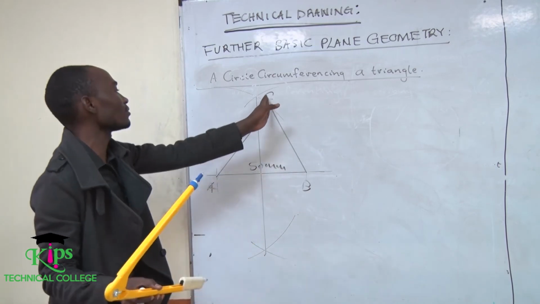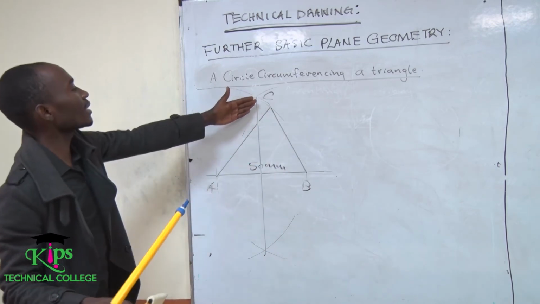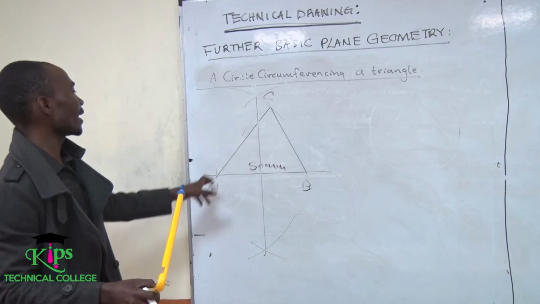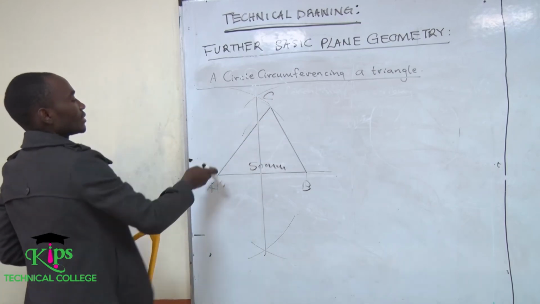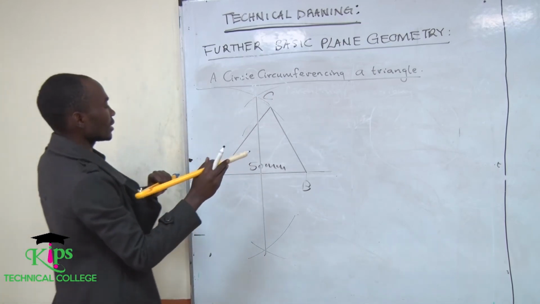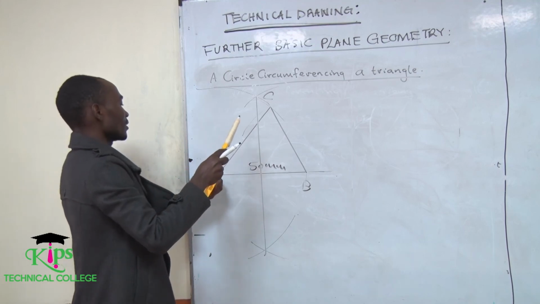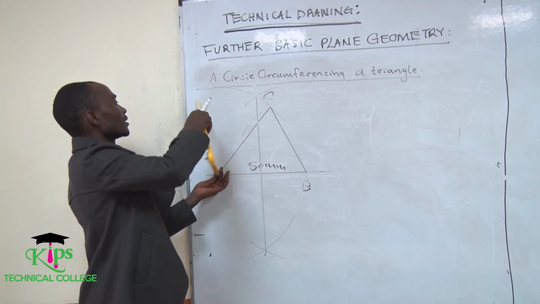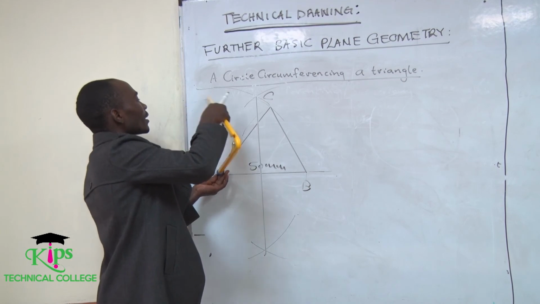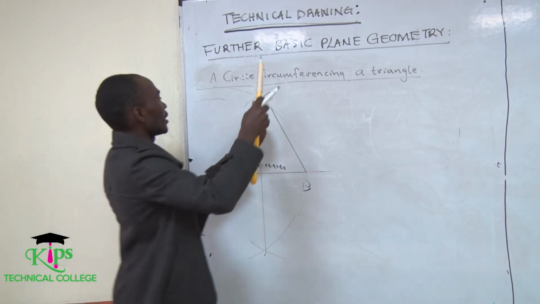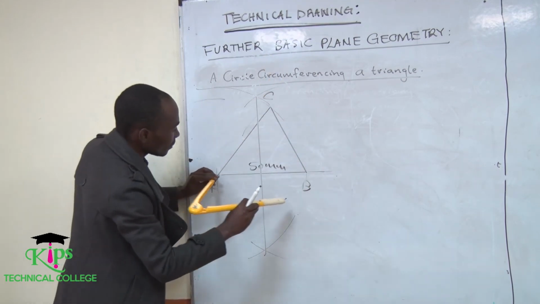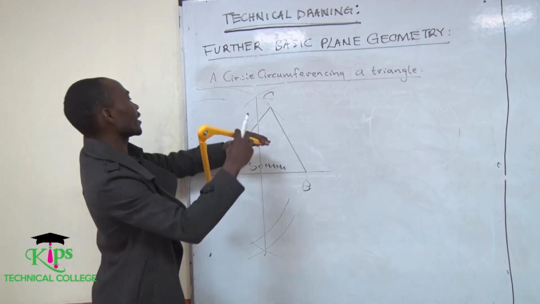Then from there, I will identify the other line. You can decide to define this one, or you can decide to work with AC. So let's, for instance, take AC. Let's define line AC through bisecting it. So I will make an arc at that point. Then make a mark below there.